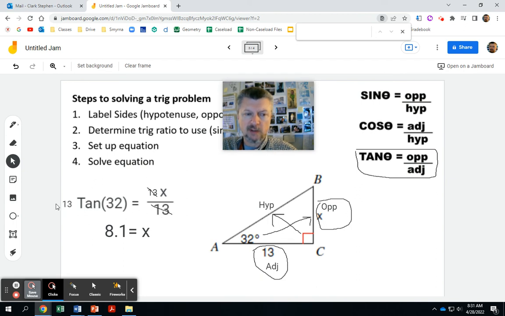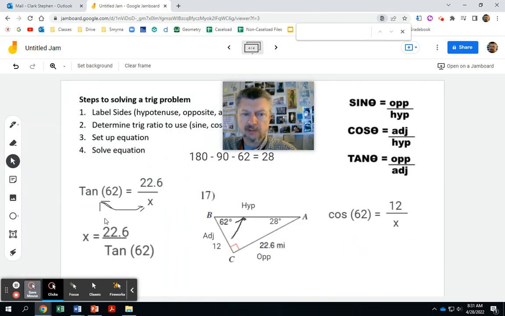So this one you end up multiplying because X is on top, X is on the bottom, you end up dividing. So let's swap these. Cosine 62 goes down there, X goes over here. So X is there. And over here we still have a fraction. 12 stays on top. It doesn't move at all. Cosine 62 goes on the bottom.